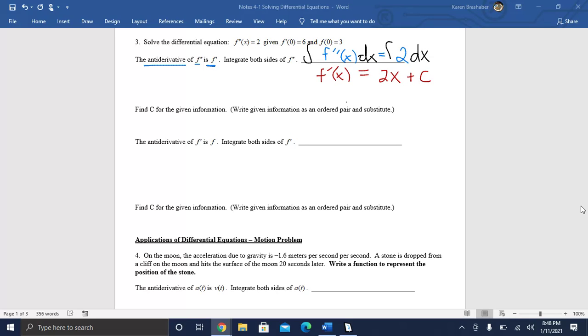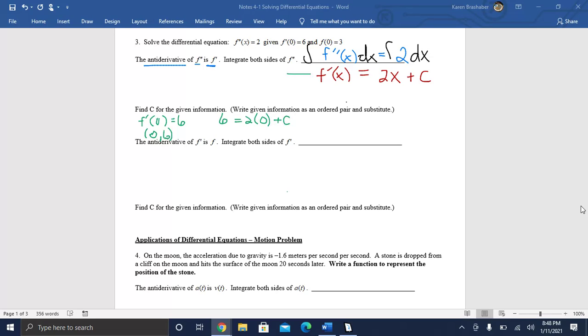So now you're going to use your given information. You are given that f prime of 0 is equal to 6. And this is the information we have to use at this time because f prime is the function that we're working with. So we have the ordered pair 0, 6. And so we'll put in 6 for the y value equals 2 times 0 plus c.